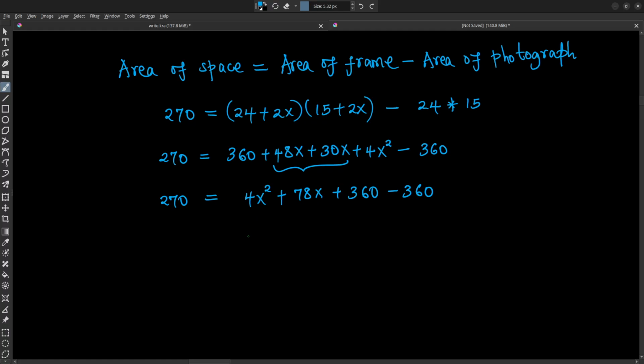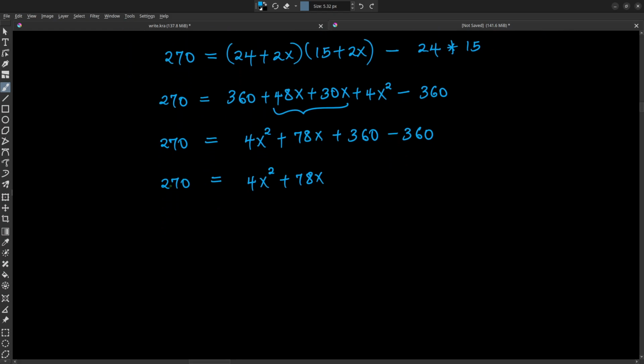So on the right, we only have 4x squared plus 78x, and this is equal to 270. Now, let's rewrite this equation starting with the right side. So 4x squared plus 78x is equal to 270.